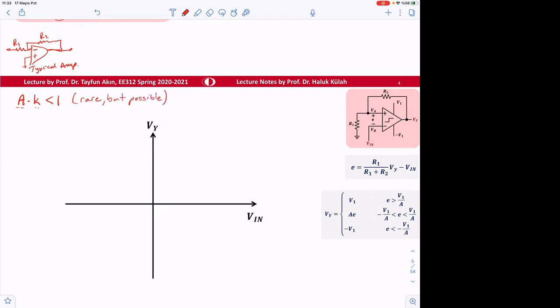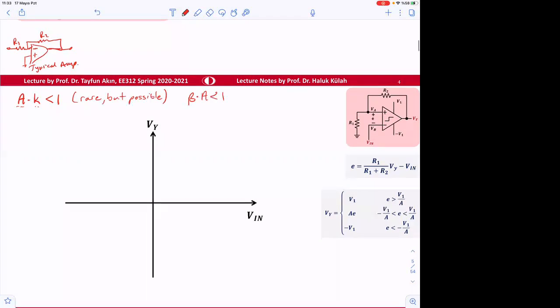That means the feedback times your gain is less than 1. This is an assumption. If this is the case, we can look at this circuit connection.